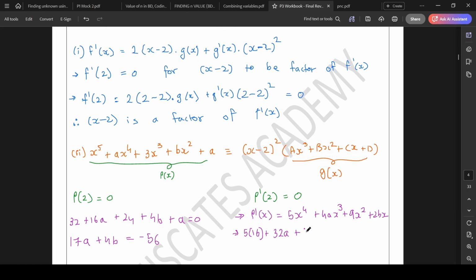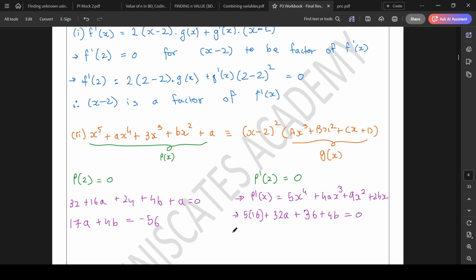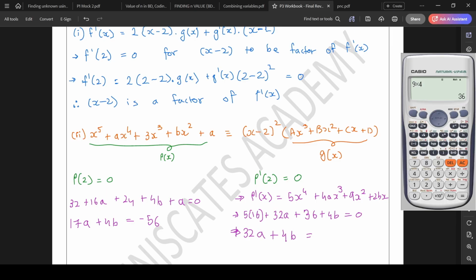Yes, it is 36. And then 2bx, so plus 4b is equal to 0. From here I can make an equation: 32a plus 4b is equal to minus, what is 5 times 16 plus 36? It comes out to be 116. So this will become minus 116.